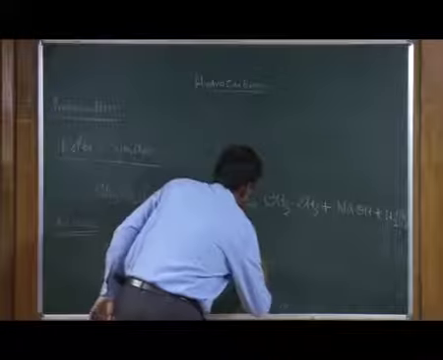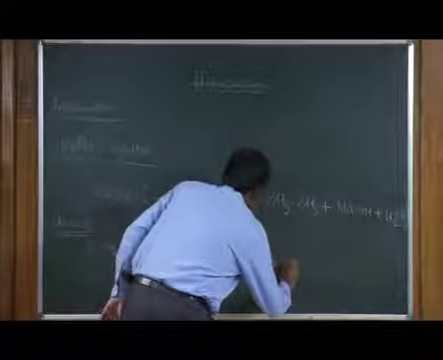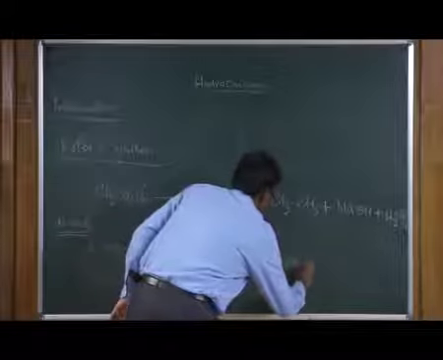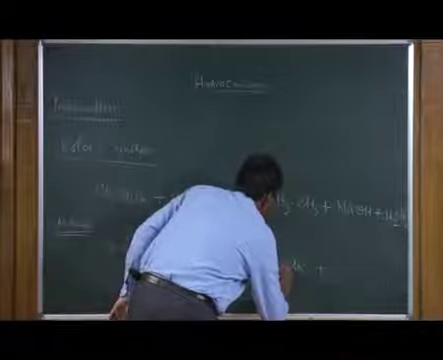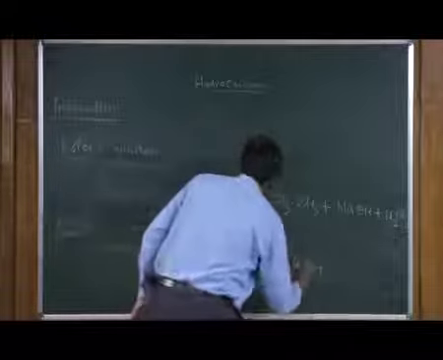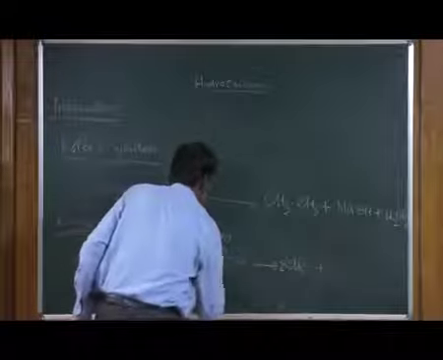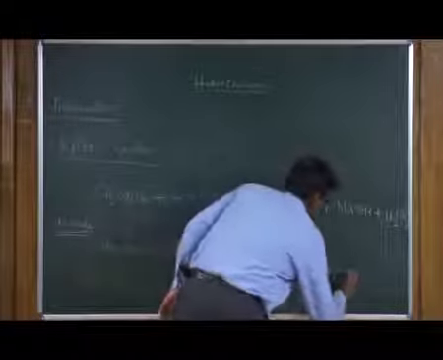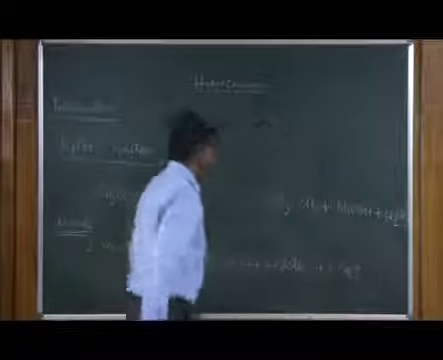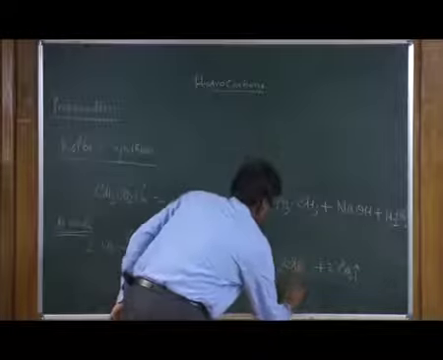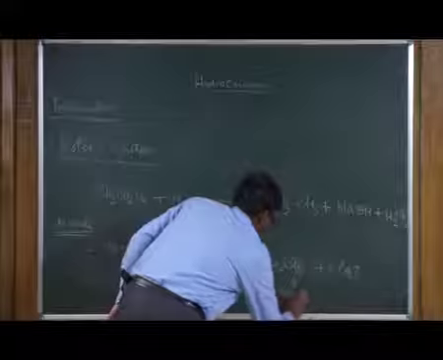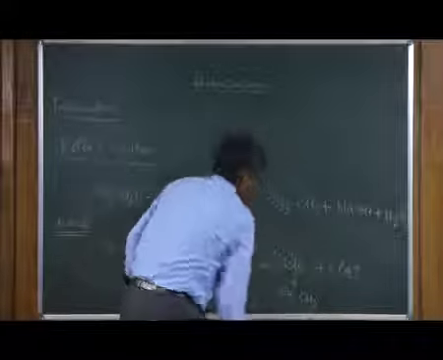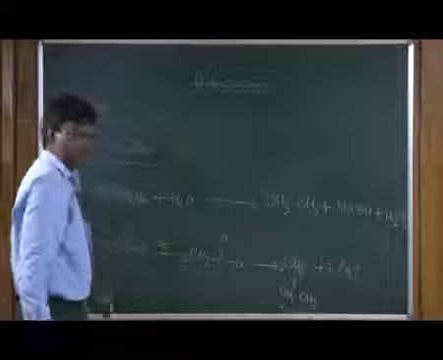This radical can release carbon dioxide, and you generate the methyl radical, 2 methyl radicals. These 2 methyl radicals combine together, and you generate ethane. This is what happens at the anode.